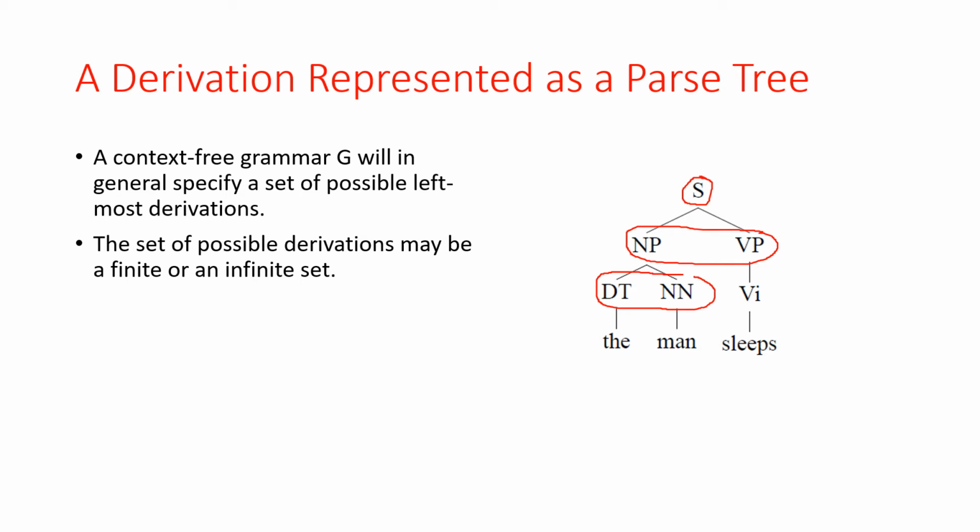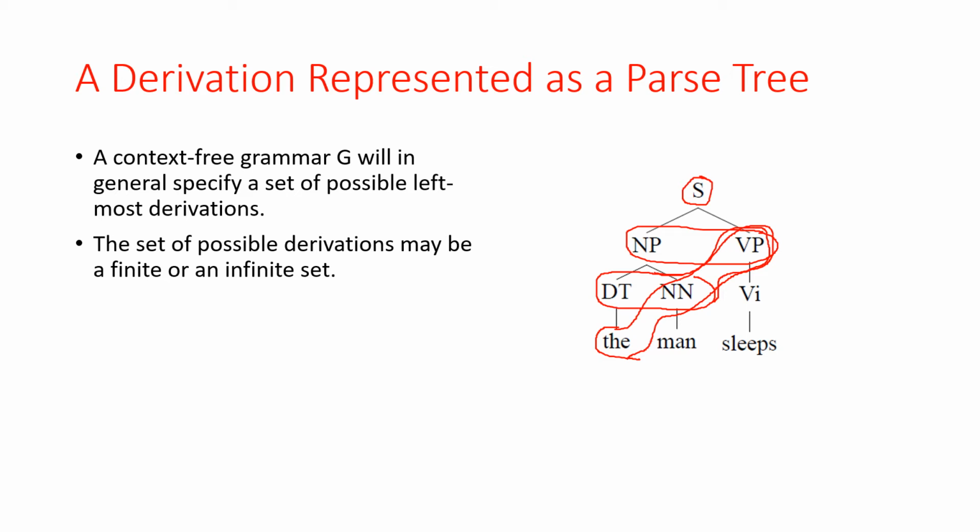So our next string in the sequence would be determiner, noun, and a verb phrase. The leftmost non-terminal now is DT, so we replace it with a particular word, which is the in this case, so our next string from the sequence would be the, noun, verb phrase.